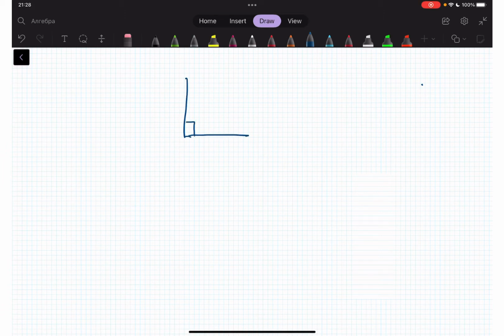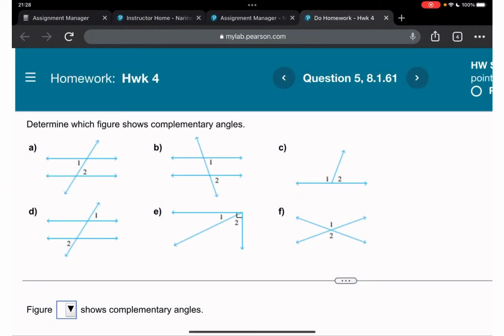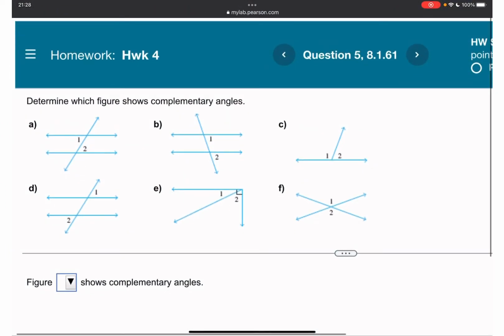This is 90 degrees, right? So if I provide another angle here, this angle and this angle are called complementary when the sum of them makes 90 degrees.